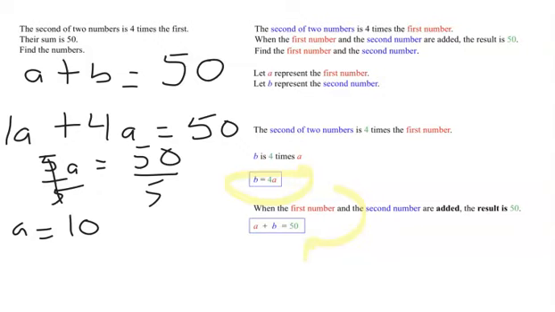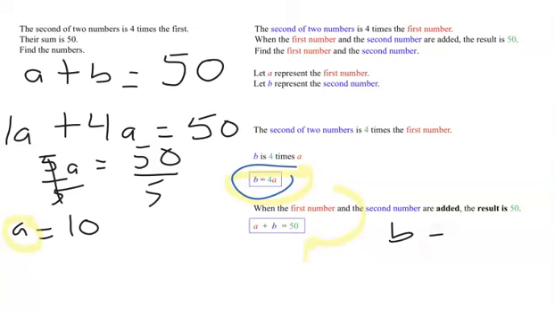Now we're going to do that substitution again. This time, whenever we see the letter A, we're going to write 10 instead. So we can go back once again to this same equation that we did, or we could use the second one also, and we could write B equals 4 times A. I'm going to write it again, even though it's written.